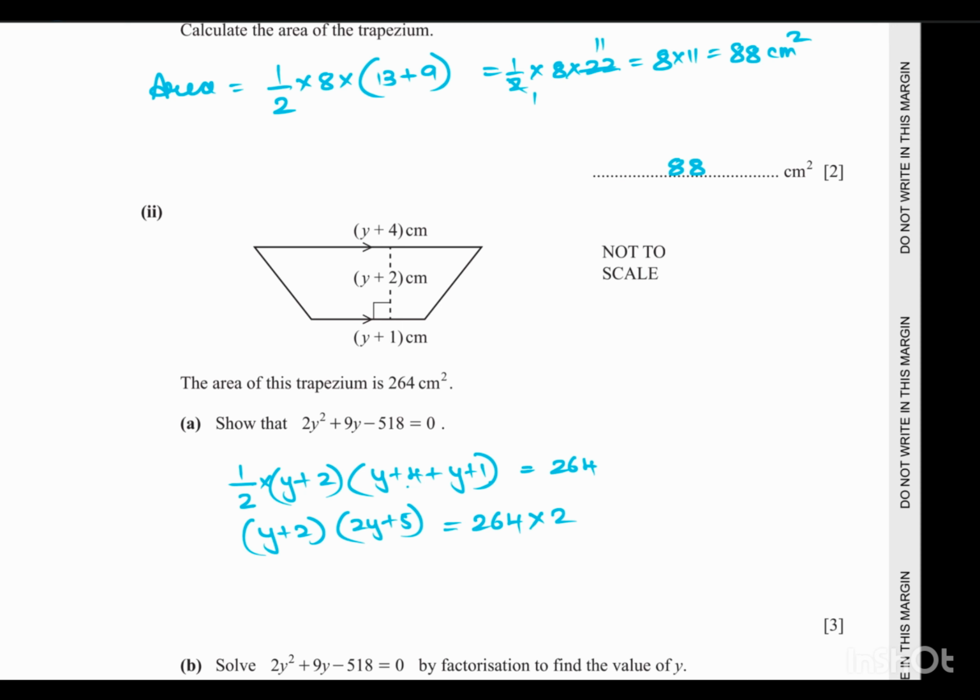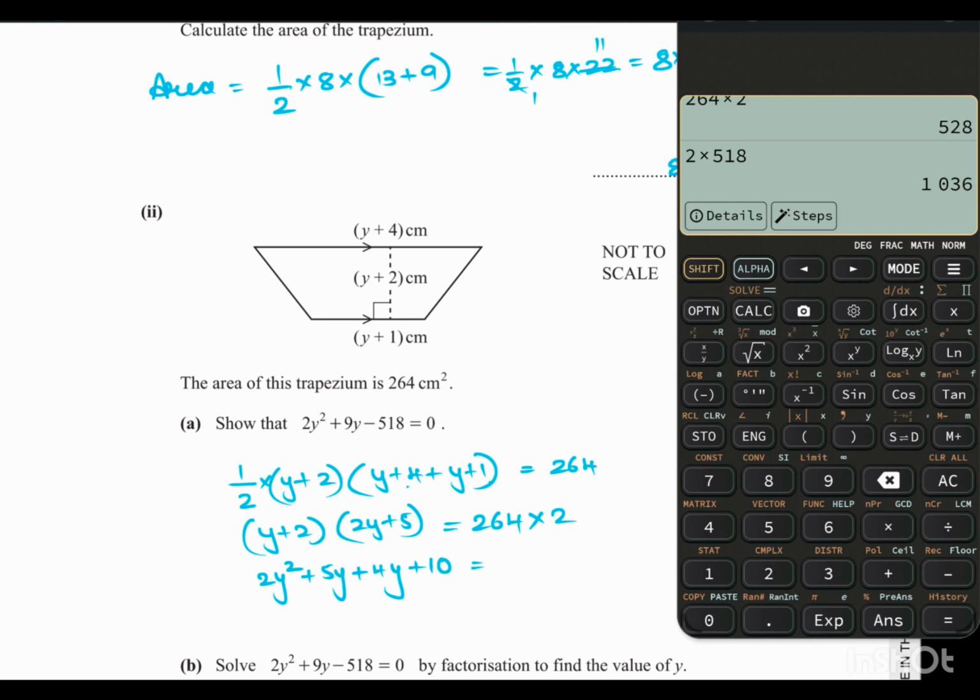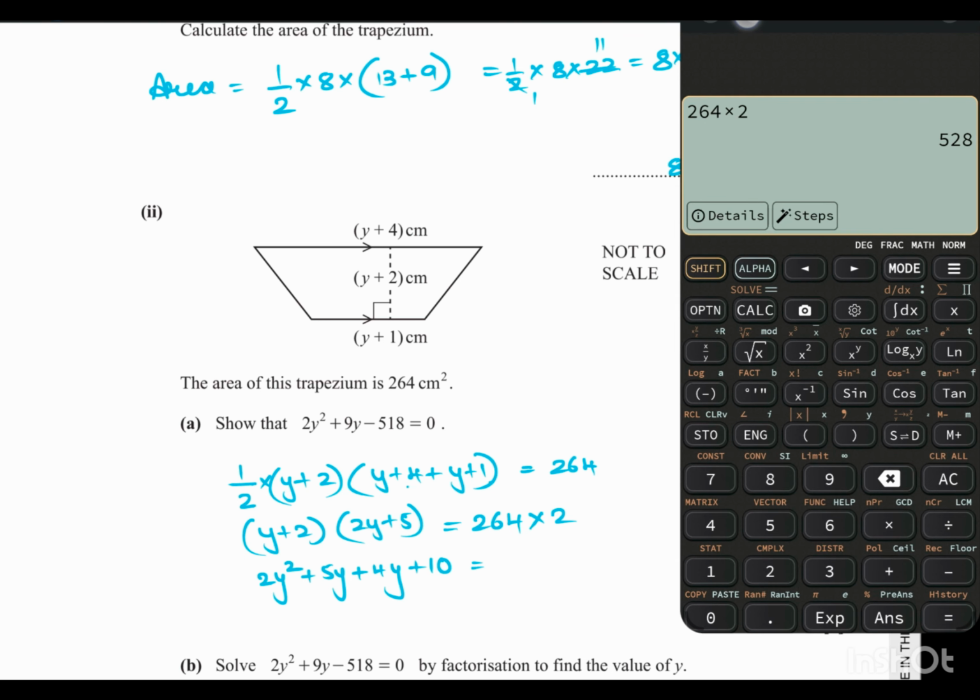Then multiply these two. 5 into 2y is 2y square, y into 5 is 5y, 2 into 2y is 4y, plus 2 into 5 is 10 is equal to 264 into 2 is equal to 528.